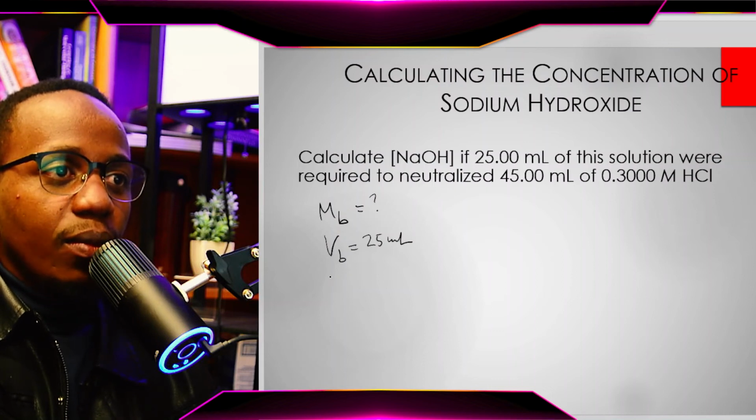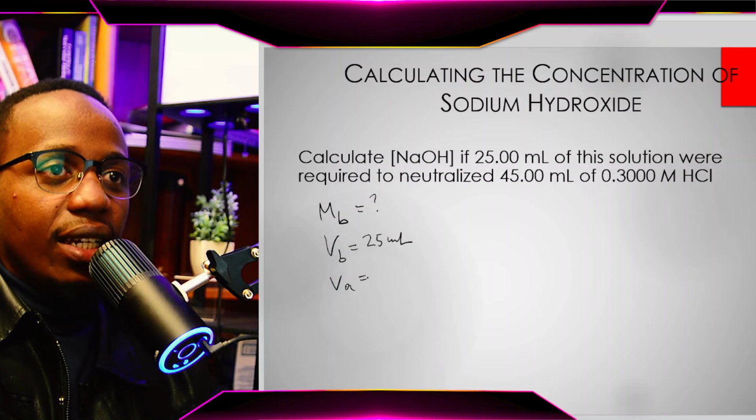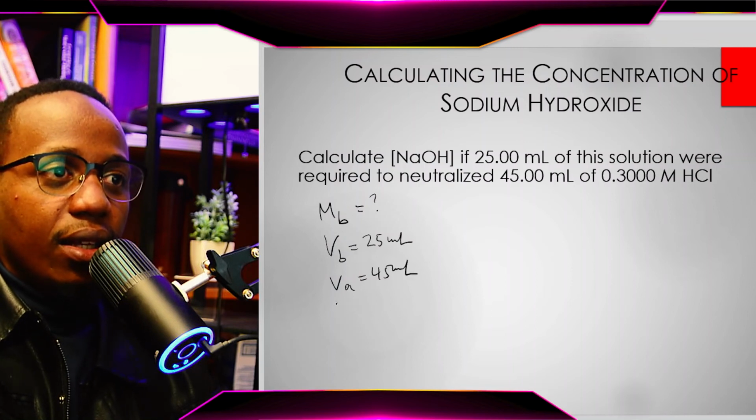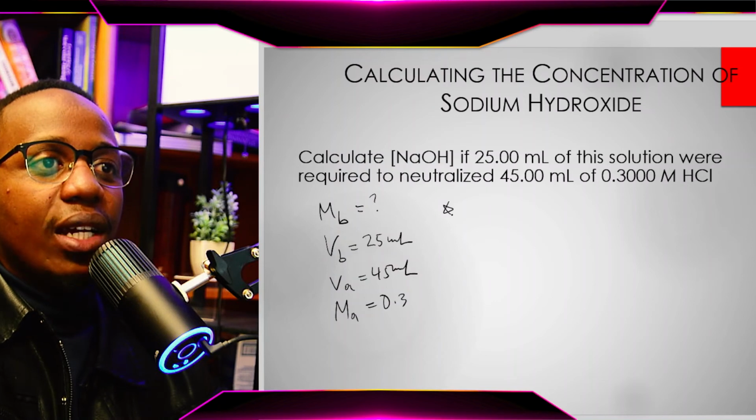So the volume of the acid is 45 ml, and the molarity of the acid, the concentration, is 0.3. Well, how do we find MB?